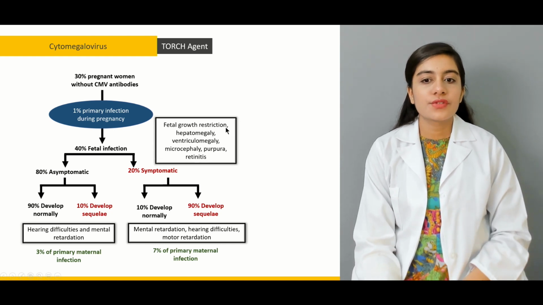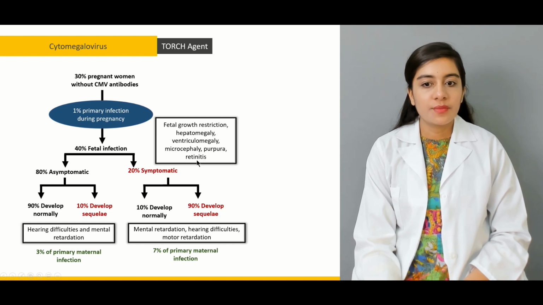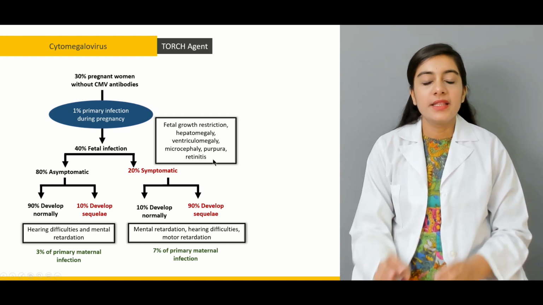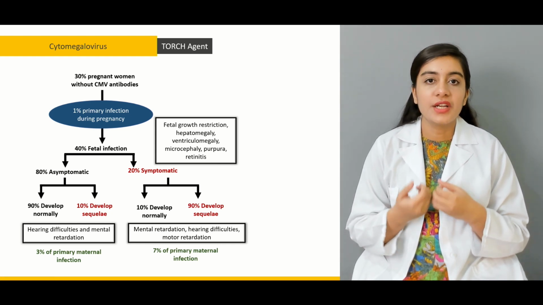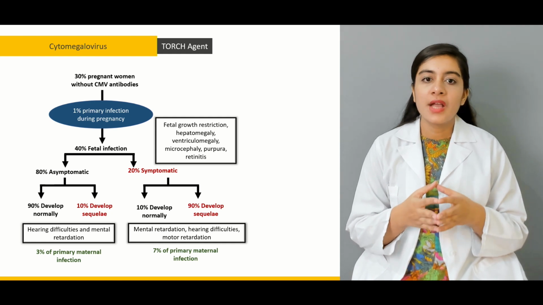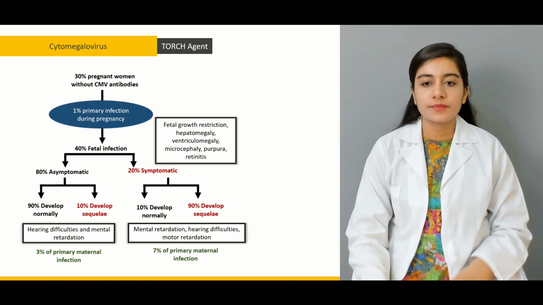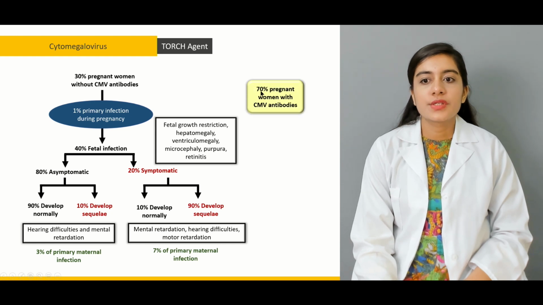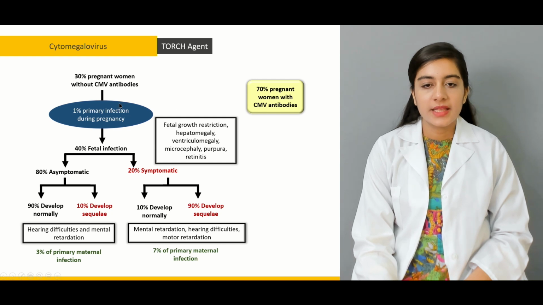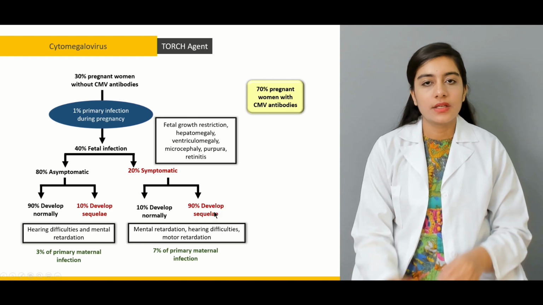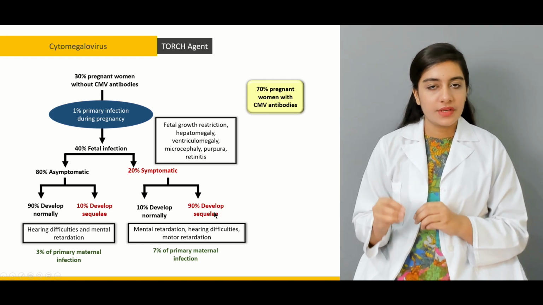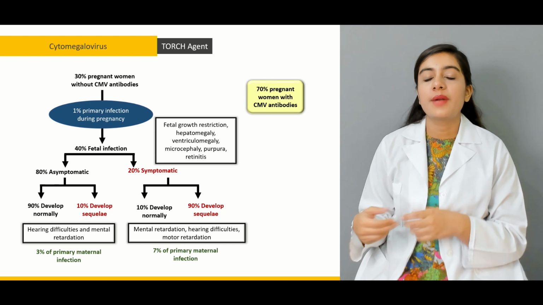Now, fetal growth restriction, hepatomegaly, ventriculomegaly, microcephaly, purpura, and retinitis. These are all the signs and symptoms that we will find in a neonate who will be born with cytomegalovirus. Now, 70% of pregnant women have CMV antibodies. The first condition was the one in which we found 20% symptomatic infants, and out of those 90% developed sequelae.